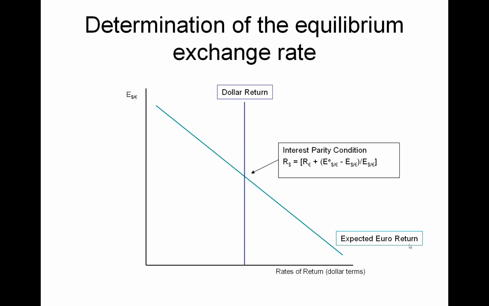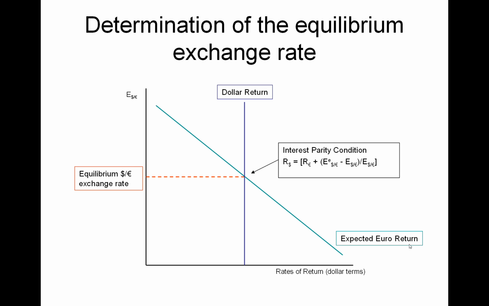Now, the interest parity condition says that we have an equilibrium when the rate of return for the dollar accounts is equal to the expected euro rate of return in terms of dollars. So that happens at the intersection of these two curves. And what we get in the end then is an equilibrium exchange rate.